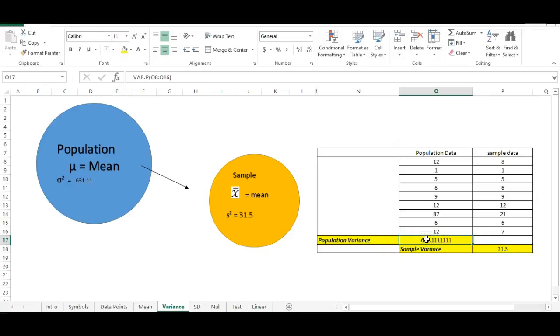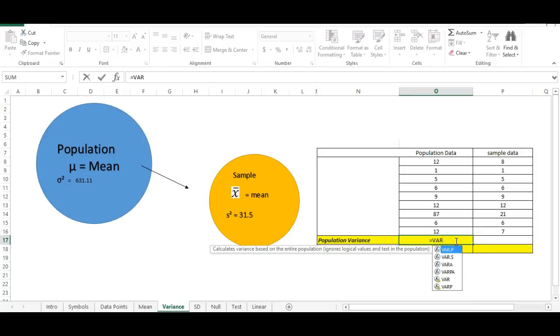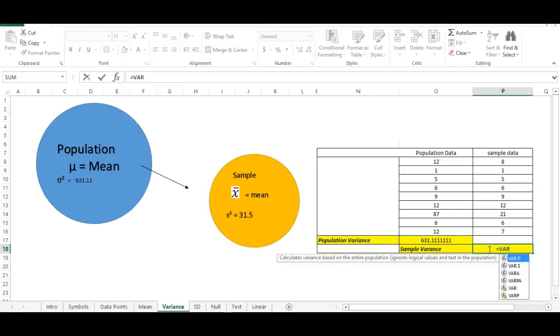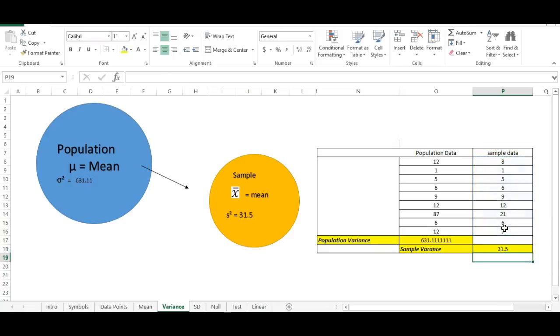So suppose I have my population variance data here as shown. I can easily do equals VAR and then look for the VAR.P, P for population, double click, highlight the data, enter, and there it is. I can do the same for my sample variance, equals VAR, look for the .S for sample, double click, highlight the data, click enter, and there is your sample variance.